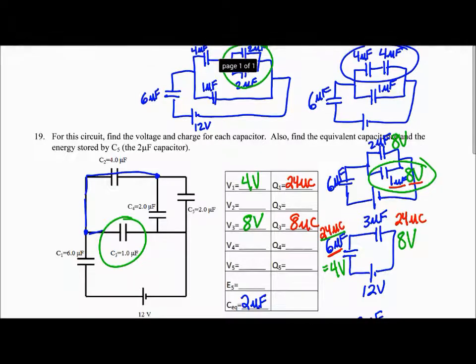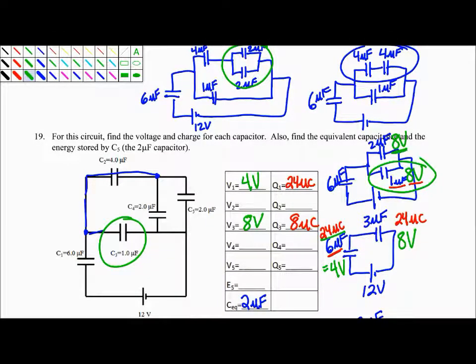All right, so now if I have 8 volts here, I have a 4 and a 4 that share that voltage. So this is 4 volts and 4 volts. 4 plus 4 gives me that 8. And they're identical capacitors, so they have the same capacitance, or same voltage. Now, this capacitor is the same as this one, which is C2. So I have 4 volts here across 4 microfarads, so I have 16 microcoulombs.